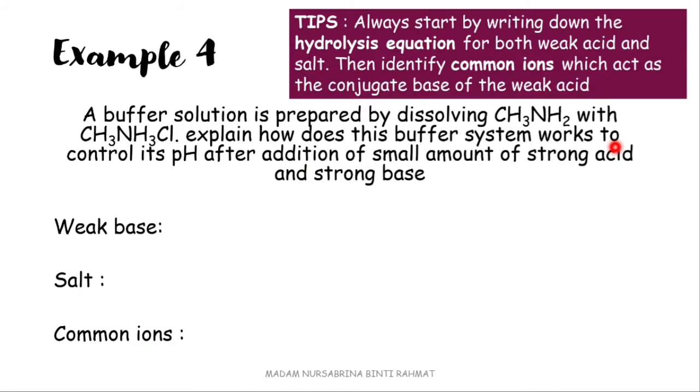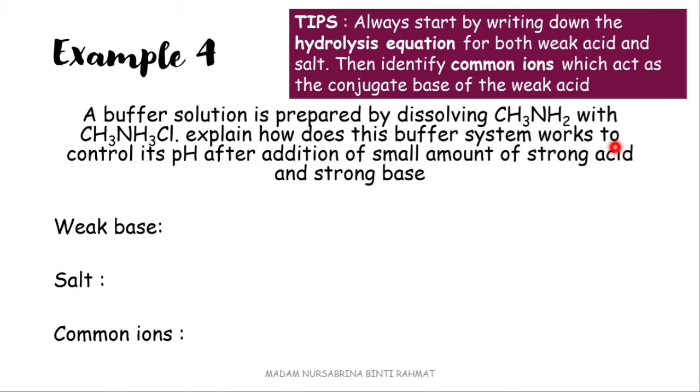Now, let's do another example. For your basic buffer, we are making a mixture of methylamine with methylamine chloride, which is a salt. Let's find out whether these two can make up a buffer solution.